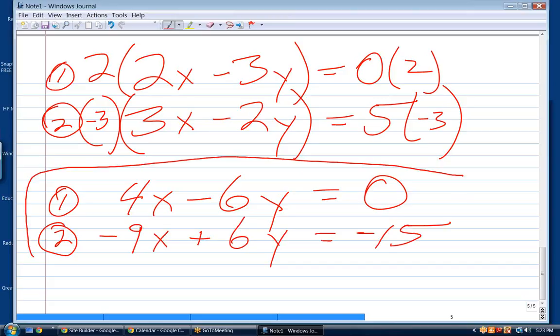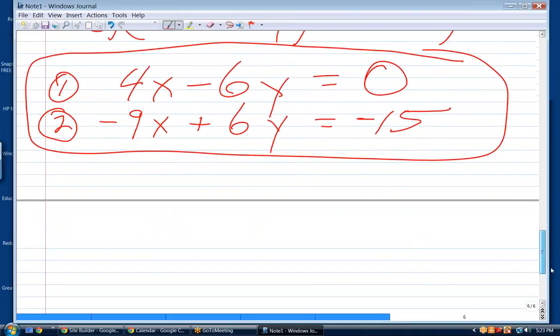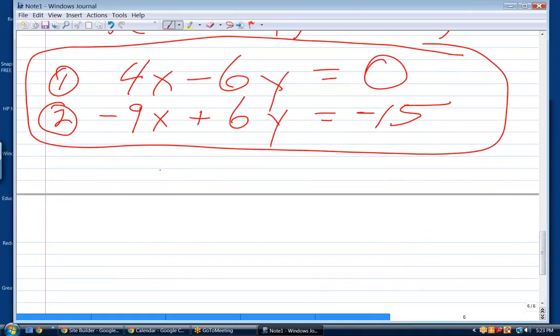Now, these two equations are easily solved by adding them. What do you get when you add them?